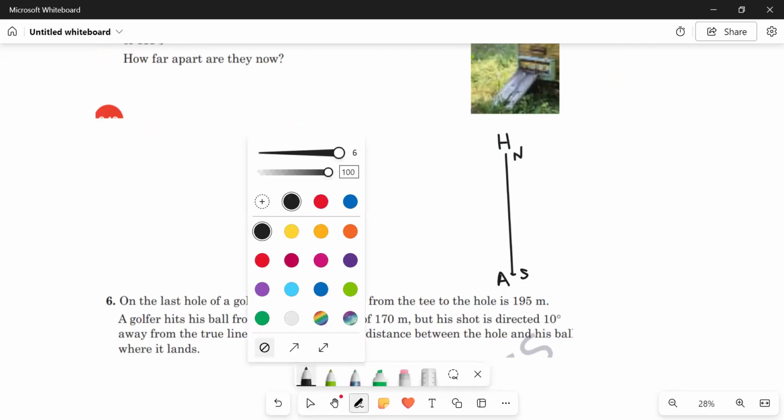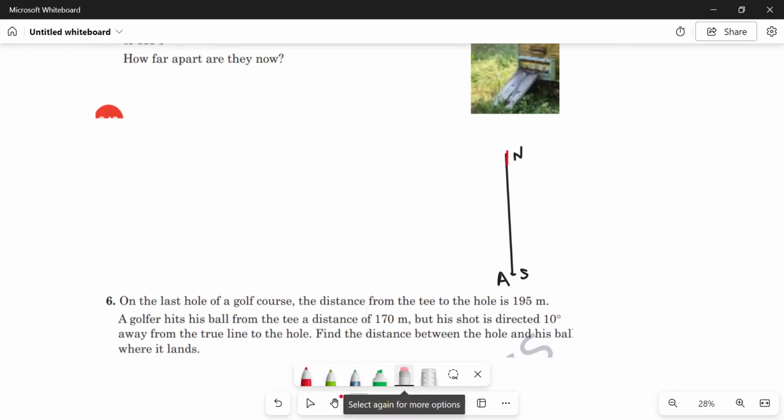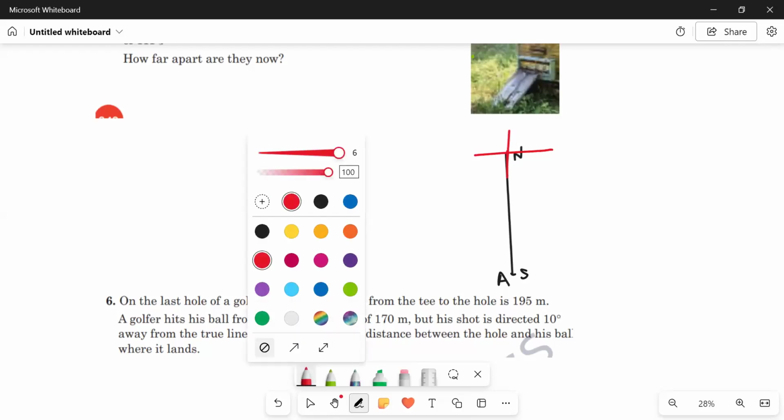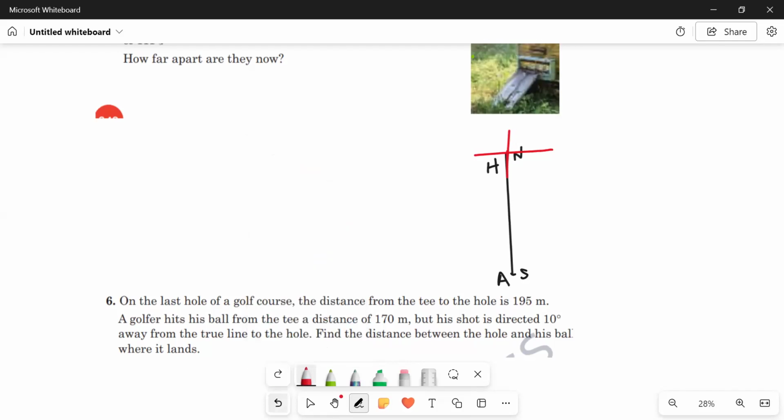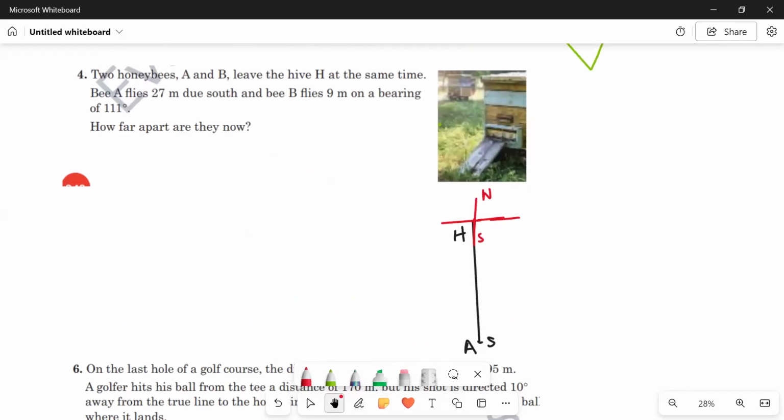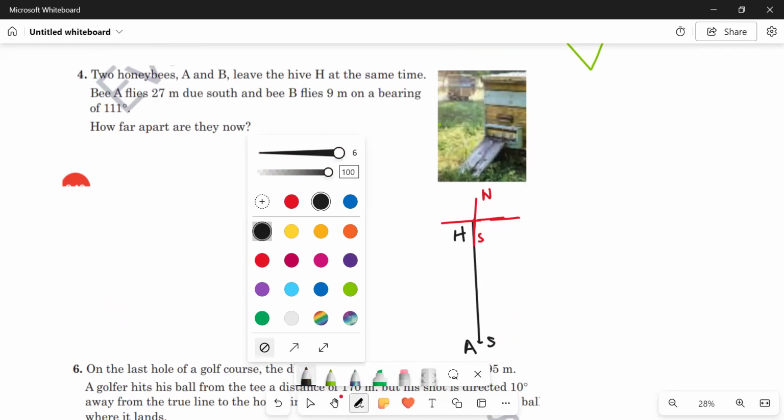This is H. This one is north and south. So honeybee A is moving to the south, and it covers a distance of 27 meters.